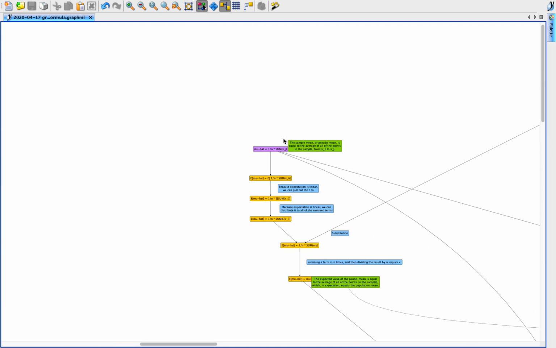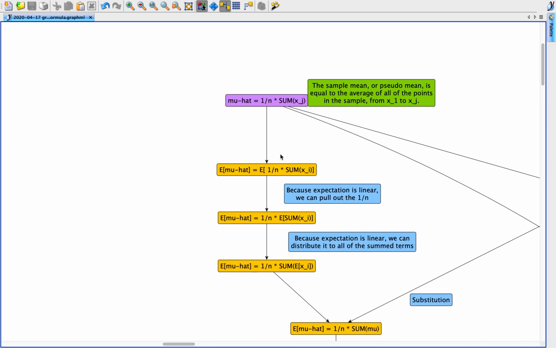We have mu hat, which we might call the sample mean or pseudo mean. This is just our naive notion of how we can estimate what the true mean is from a given sample.